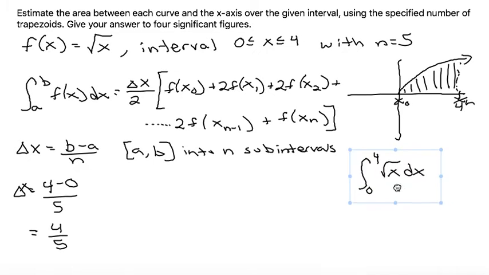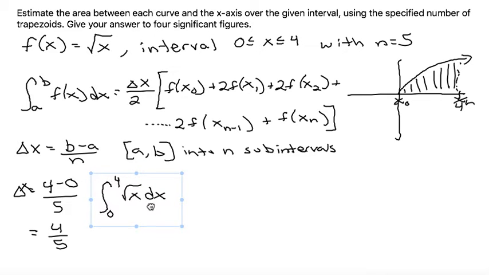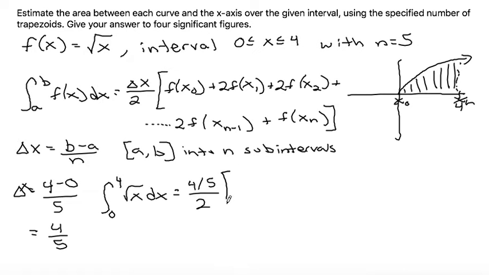This is the integral that we're trying to find: the integral from 0 to 4 of the square root of x dx, and that's equal to delta x over 2. We know our delta x is 4 over 5, and we can put that over 2 times the function where x is equal to 0.